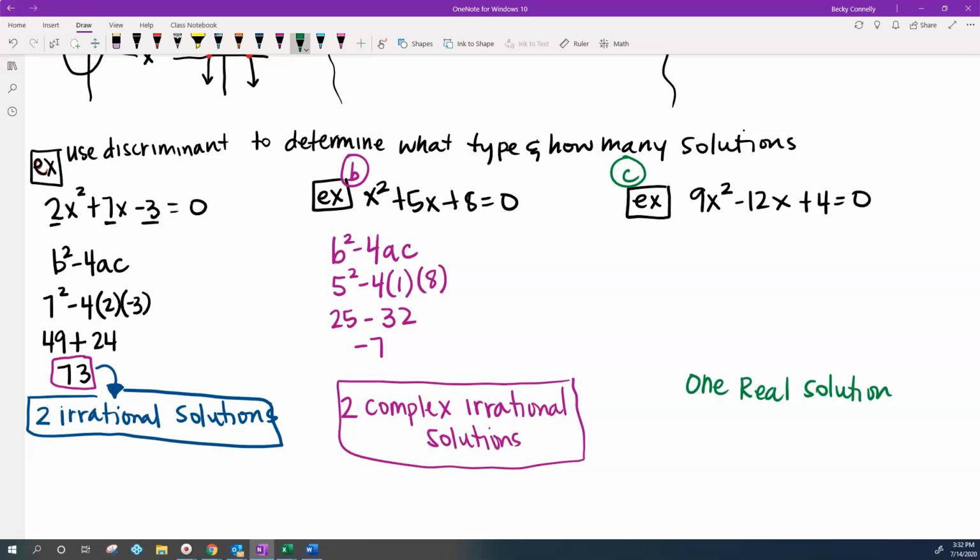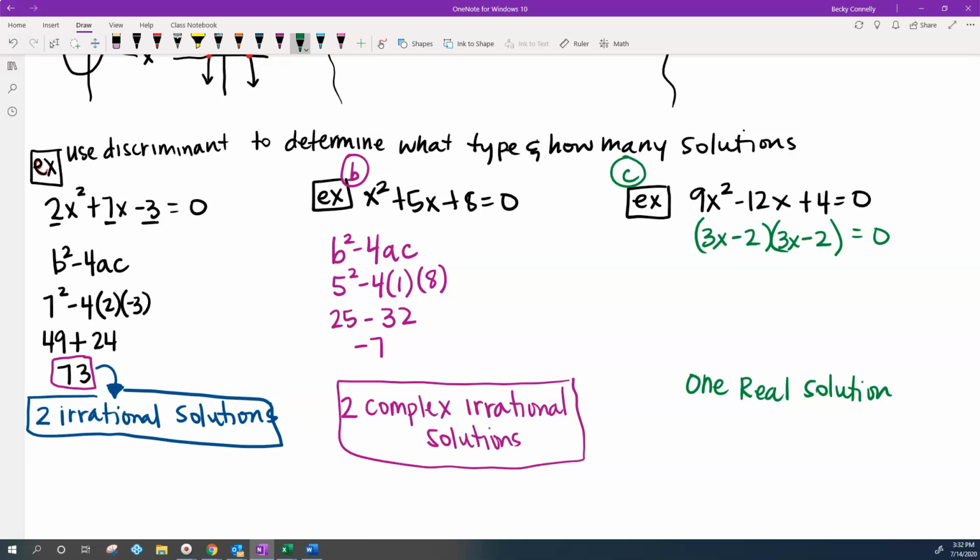I want you to think about this too. I'm going to do something different with it rather than looking at the discriminant. You already did that. But what if you factored this? I want to show you what happens here. That's a perfect square, so this would factor to 3x and 3x, and then 2 and 2, and both of those need to be negative.